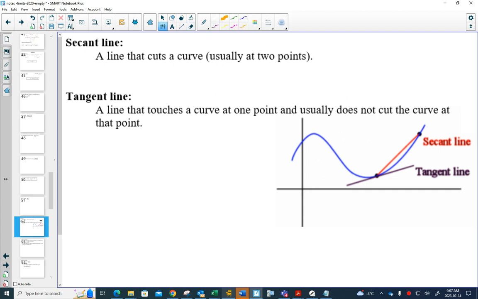Generally, the idea of a tangent is if you pick a point, it is glancing off that point right there and not cutting through, even though it might, like it does here later on, cut through the graph again at a different point, over the small area that you look at. It's touching only that point, but not cutting through that point there.